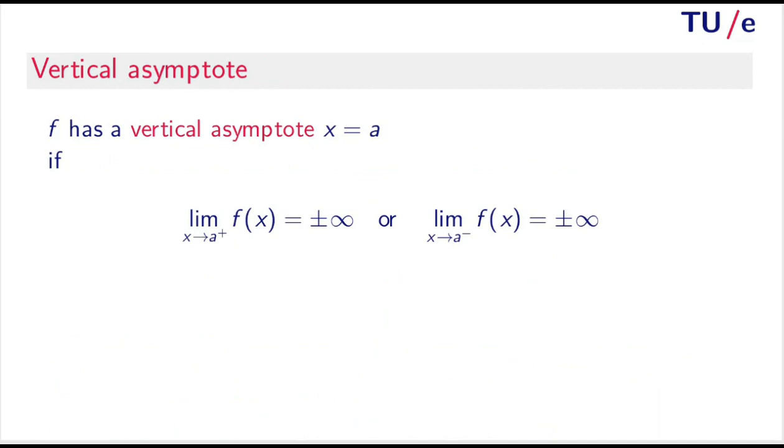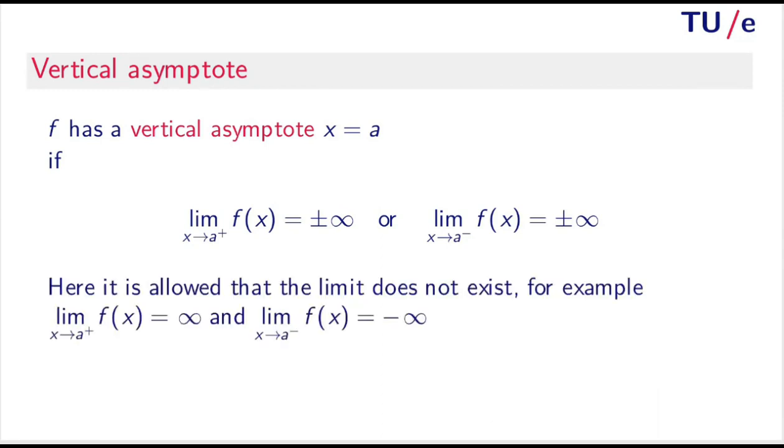A vertical asymptote is something different. F has a vertical asymptote, and now it's a line which is vertical, so it's of the form x is equal to a, if the limit for x going to a from the right or x going to a from the left of f of x is equal to plus infinity or minus infinity.